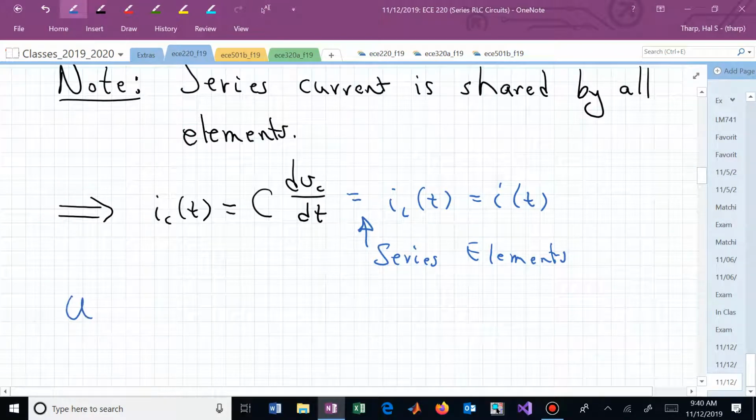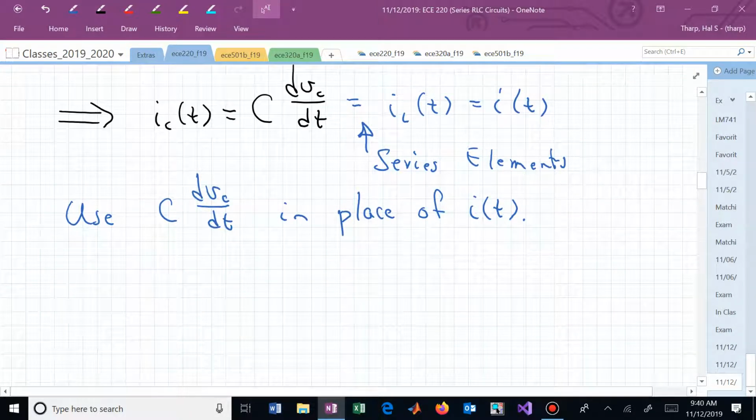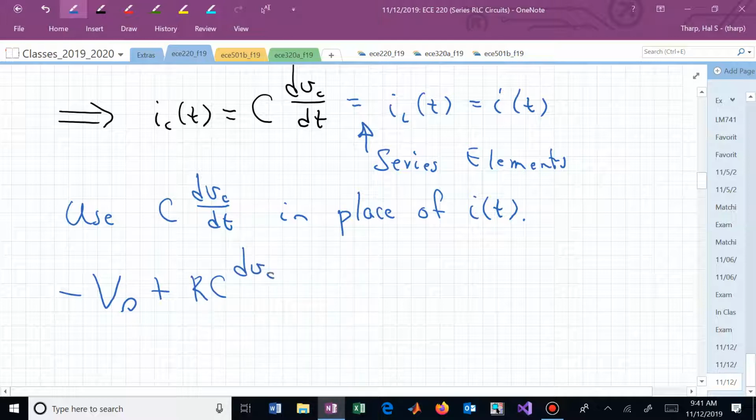Because of that, let's now use this relationship. Let's now use C dVc/dt. Everywhere we see an I, let's substitute it or replace it with C dV sub C/dt. That now allows us to rewrite that KVL equation as minus V sub S plus Ri, but I is being replaced with C dV sub C/dt, plus L di.